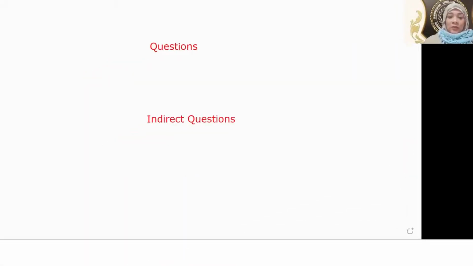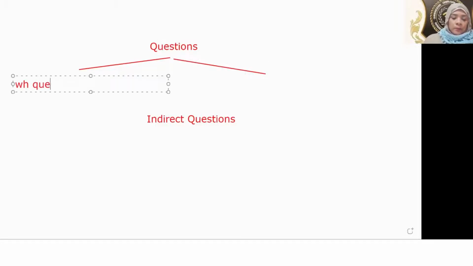Before we start the indirect questions, we have to revise the types of questions that we have in English. We have two types of questions in English: the WH question and the yes or no questions.